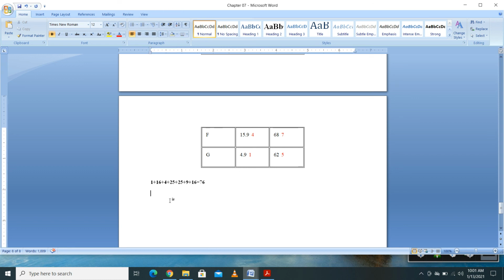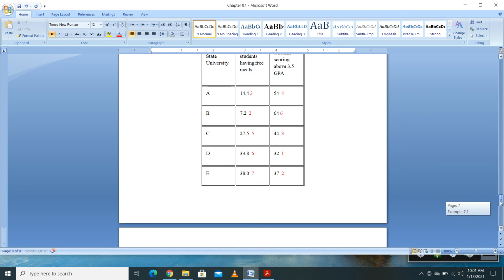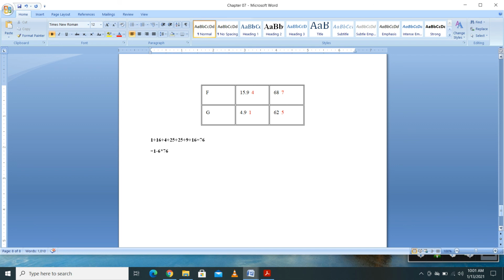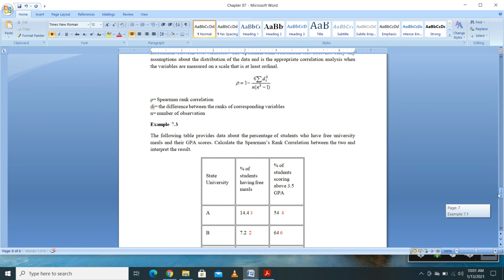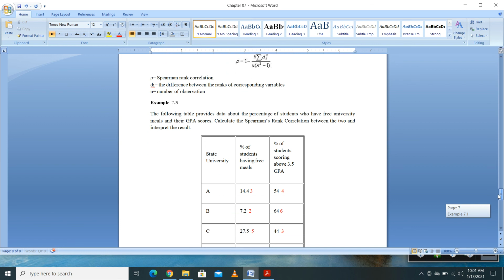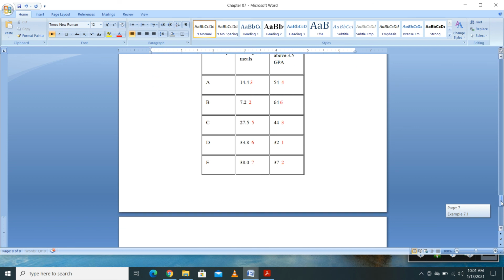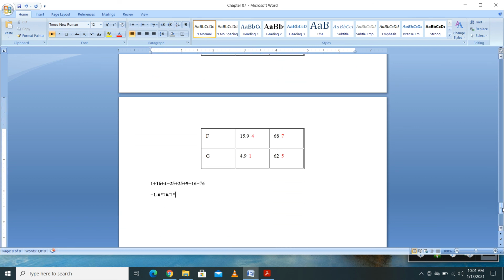So if you are going to calculate the correlation, that is 1 minus 6 times the summation of the squared differences, that is 76, and then I have to divide by n times n squared minus 1, and here I have 7 observations. So n is 7, 7 squared is 49, 49 minus 1 is 48. Right? Check the answer and see what the correlation value is.